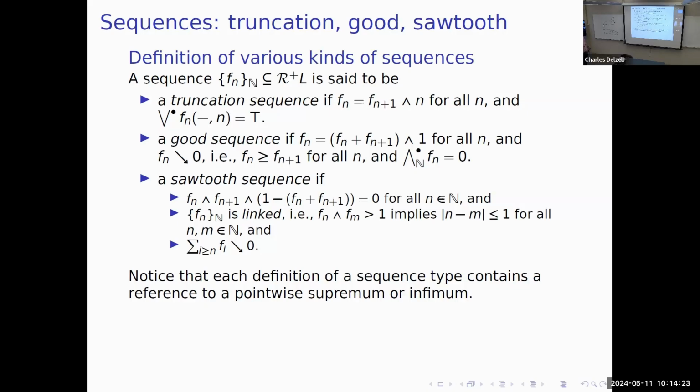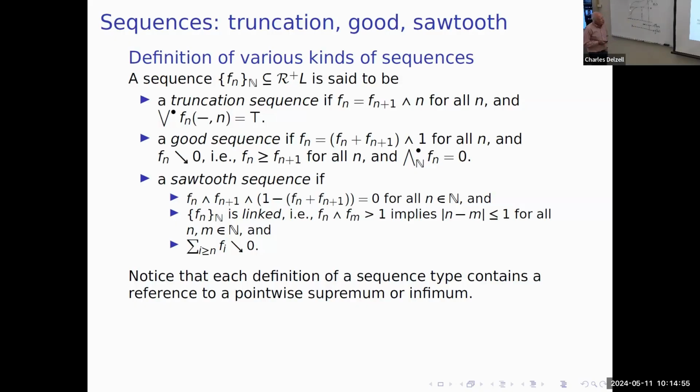These are all in R of L, and the elements are assumed to be positive, with a feature that the nth term of the sequence is the truncate of the n plus first by n, right? That's the definition. But part of the definition is that the join of the members of the sequence at the left rays should be pointwise up to the top, right?